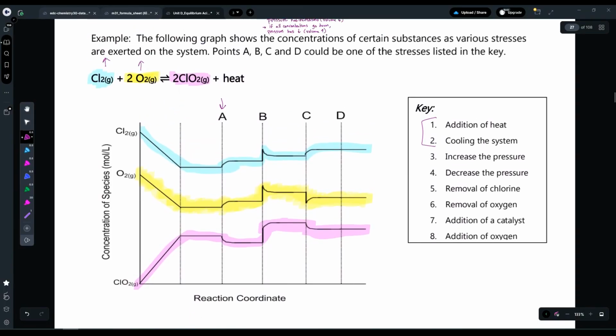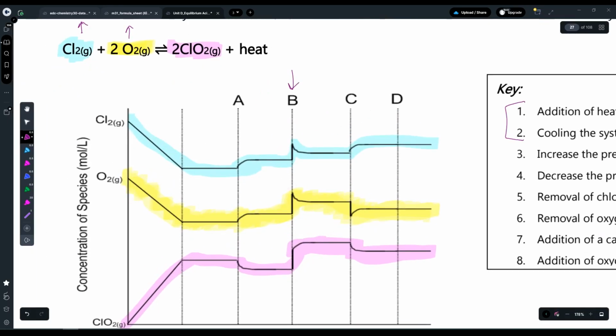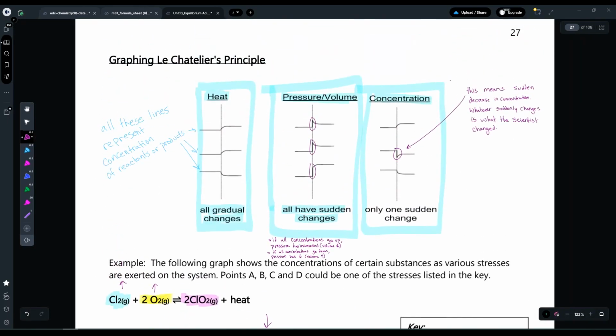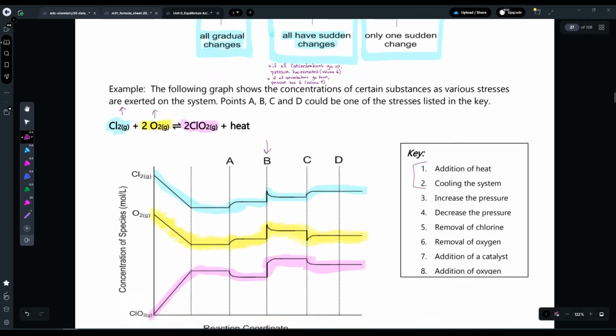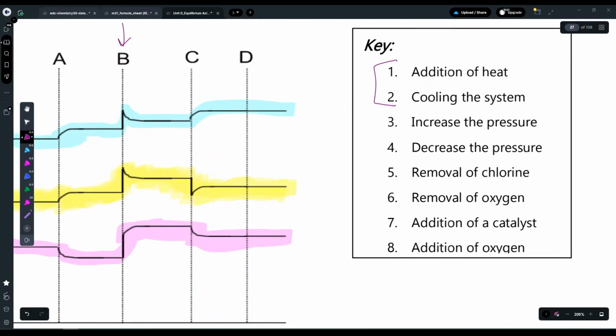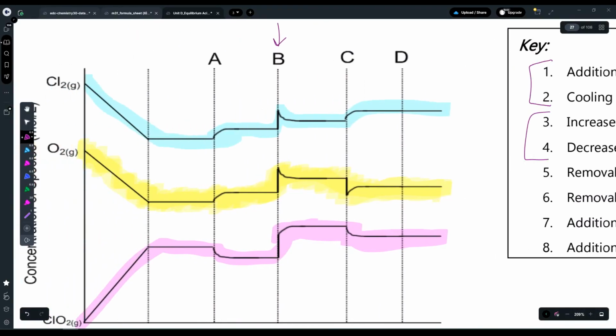All right, next one. So we're going to look at point B. All right, so let's see what's happening here. So all of these are a sharp increase. So that's going to tell you that either pressure or volume is being changed here. Okay, so looking at this, options 3 and 4 deal with pressure.